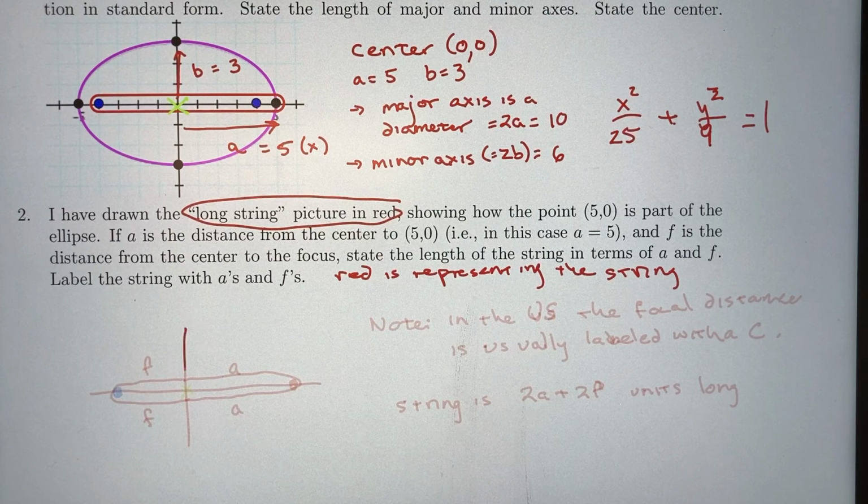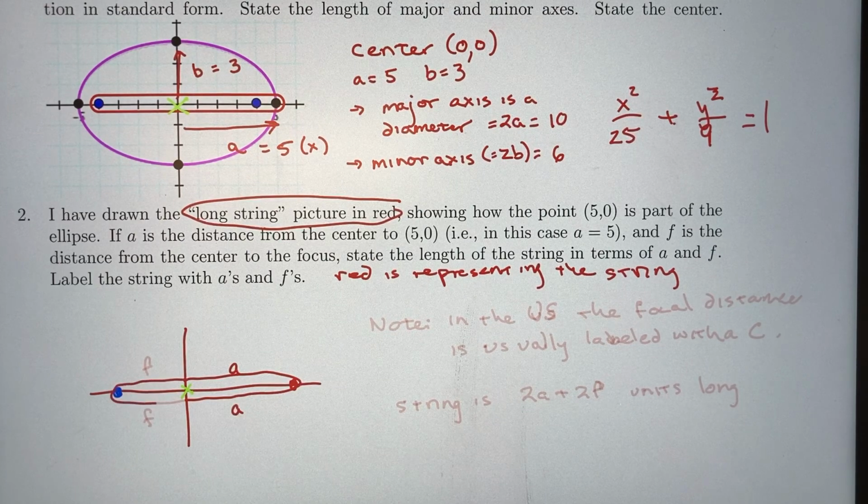So if I look at this, note that from the center to the outside, that's A forwards and back as I start drawing my string around. And then on the inside to the focus, I'm going to call that distance F.